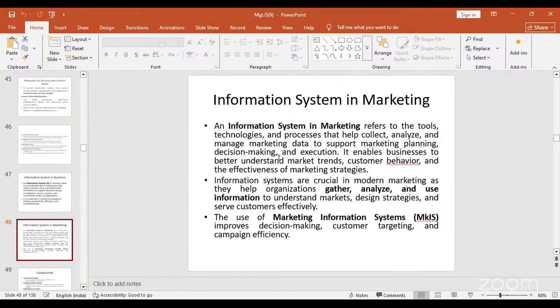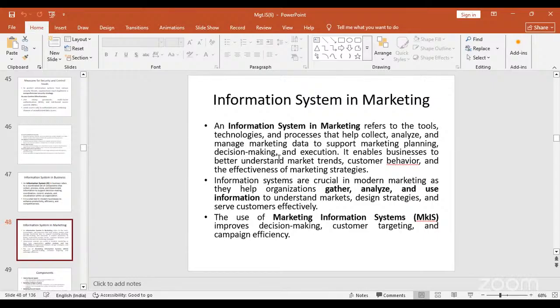The information systems are crucial in modern marketing as they help organizations gather, analyze, and use information to understand the markets, design the strategies, and serve the customers effectively. Clear? The use of marketing information system improves decision making, customer targeting, and campaign efficiency.